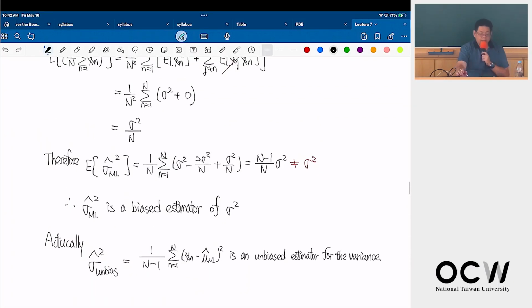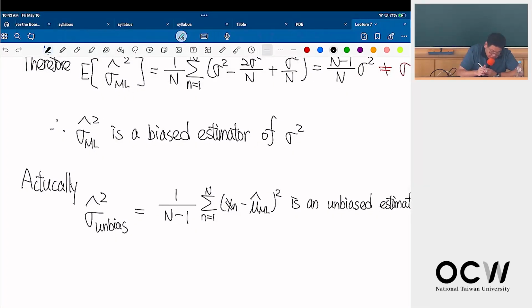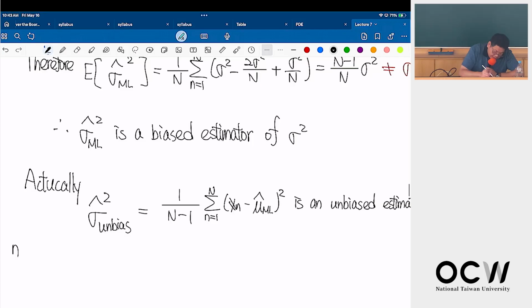But here you can see that for the unbiased estimator, this does not maximize the likelihood. It doesn't mean that the unbiased is good or biased is not good. It really depends on your purpose.